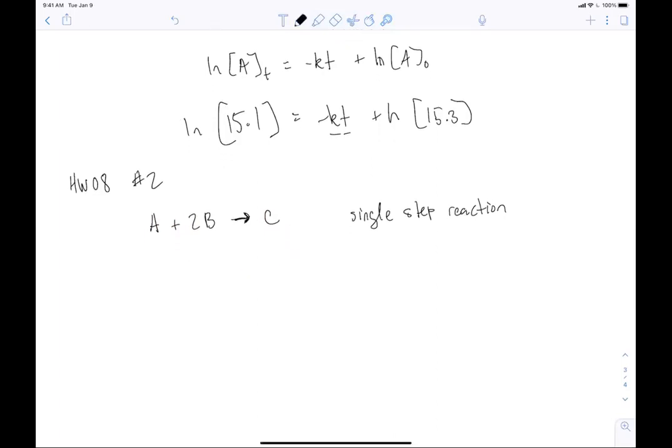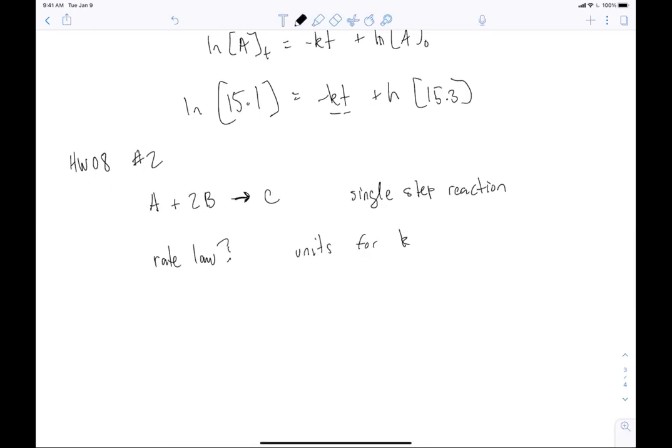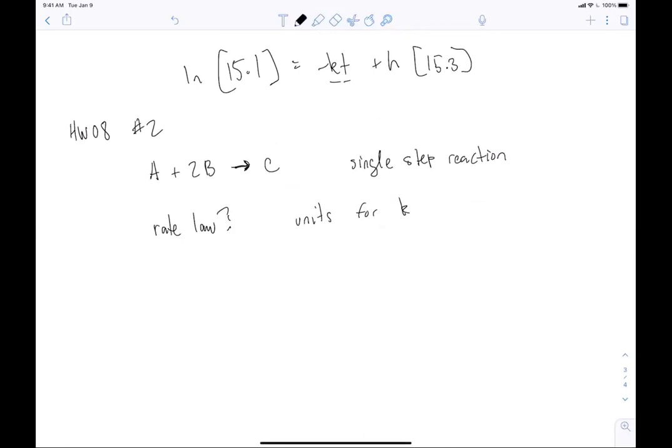Then it asks what is the correct rate equation for B and the correct units for the rate constant. So it's asking for the rate law, presumably, and the units for K. Because they're telling us explicitly that it's a single step reaction, we can use this overall reaction to write the rate law out.